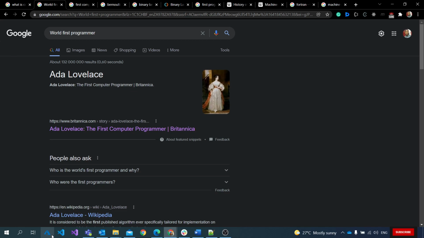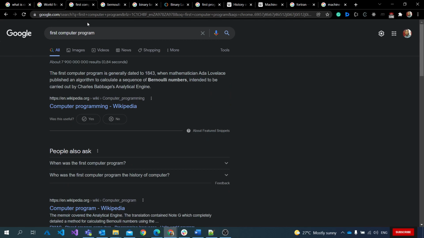After that, I wanted to find out what the first computer program was. As mentioned just now, it was a program coded by Ada Lovelace, and this is what it gave us, executed on the analytical engine. So what does programming mean?